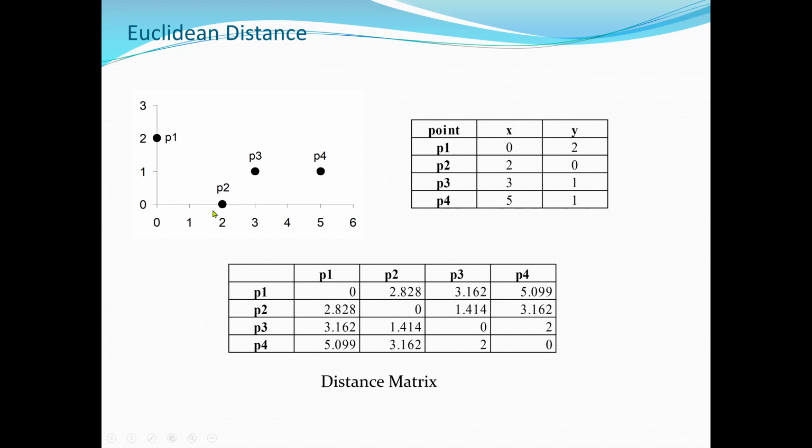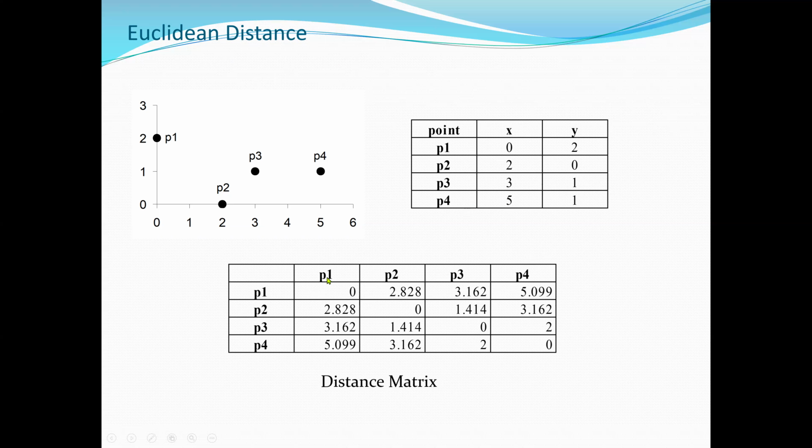We can see that P2 is on the horizontal line, so this means the Y value is 0, but the X value is 2. P3, X value is 3, and Y value is 1. This is 2 dimensions, X and Y. So the table here represents the points on the plane. Now we can find the distance between P1 and P1, P1 and P2, P1 and P3, P1 and P4 using the Euclidean distance formula.